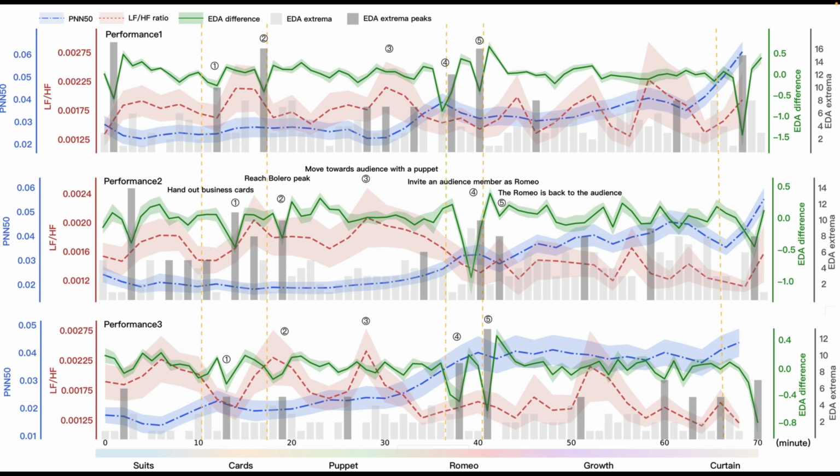So we asked them what they could remember from the performance, what scenes they liked, what scenes they found memorable. And all of them have a lot of EDA peaks. So we can identify the memorable moments of the performance using the physiology of all audience members. And I think that's also a very interesting and cool insight.